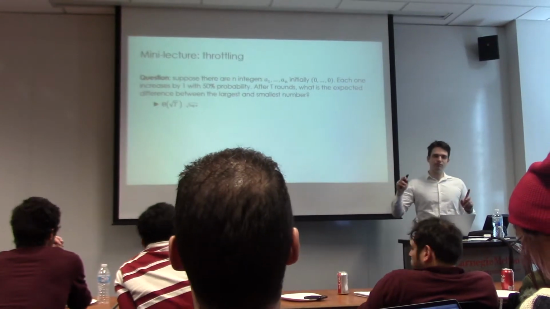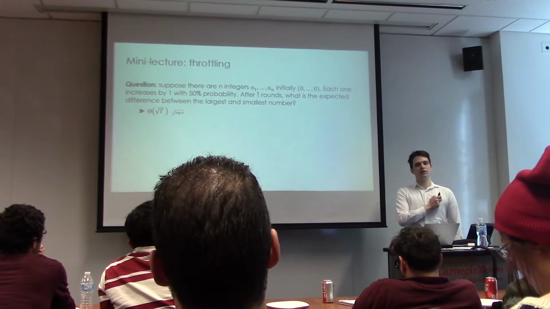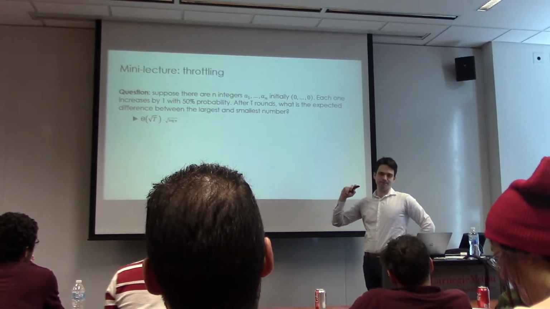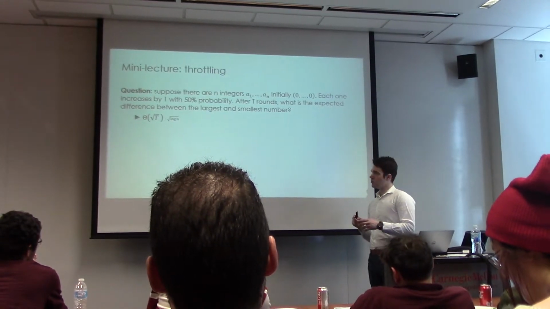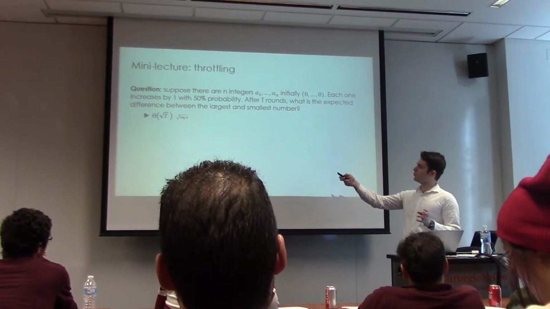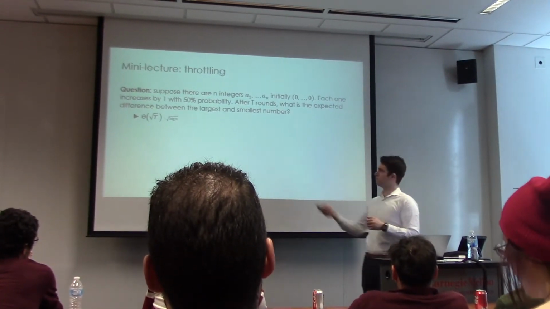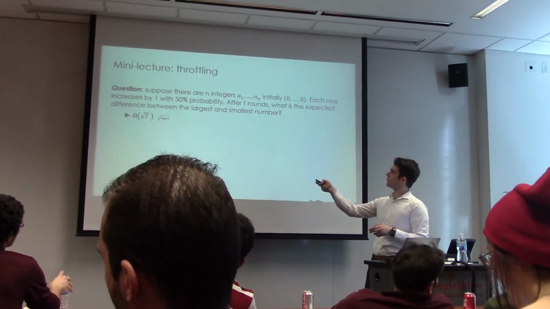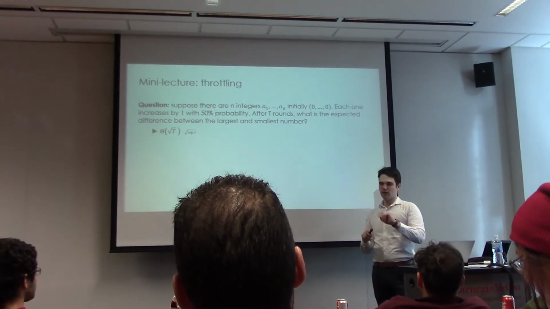So now let's introduce something that I call throttling. So what are we going to do? Let's say when you let this run, at round r, you expect a value to be about r over 2. Like if you let them run for r rounds, because you advance with 50% probability, you expect a particular node to be at around r over 2.